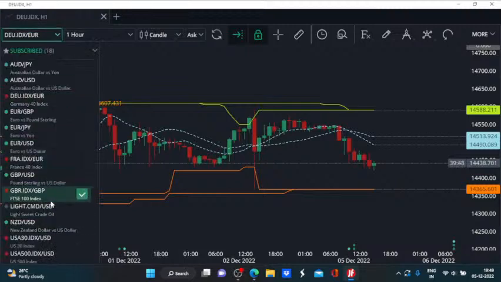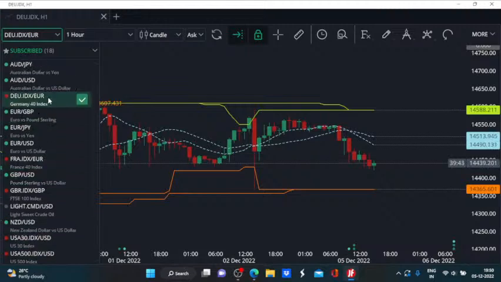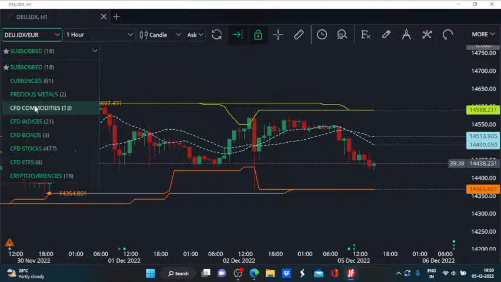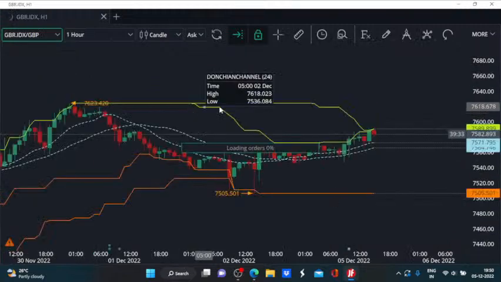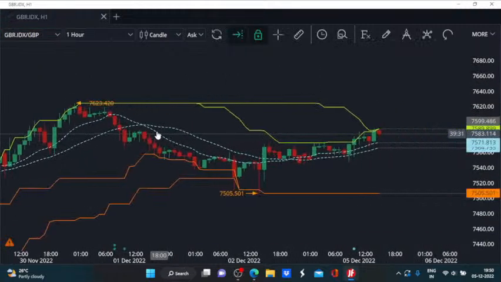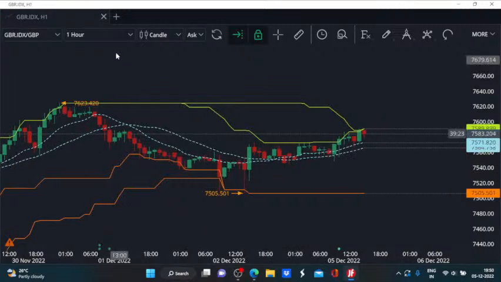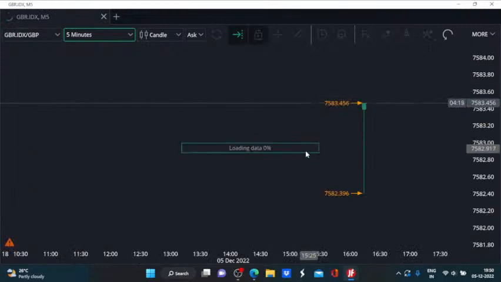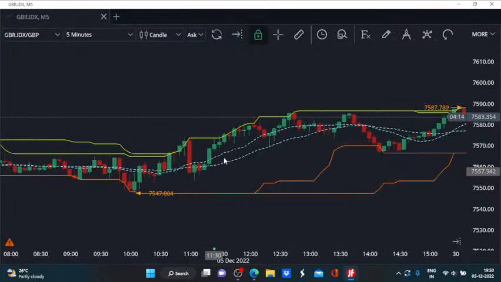Let's consider the case of FTSE 100. It is seemingly not subscribed, so I will have to go to CFD indices, and here it is. All right, so we have the formation of the GBP USD, where it is showing stronger tendency even compared to the other equity indices, DAX, Dow Jones, Nasdaq, and S&P 500 in particular.